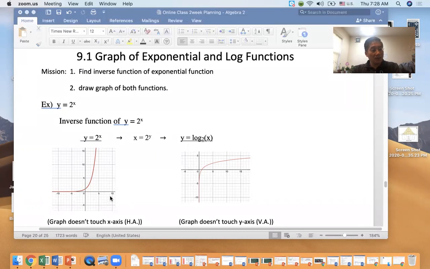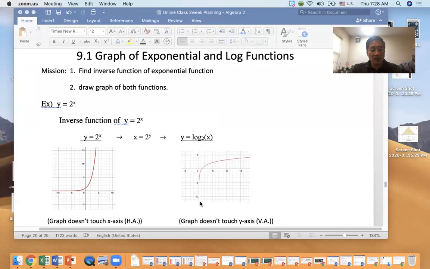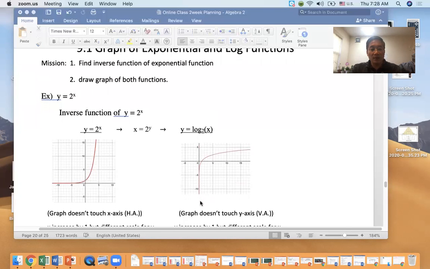But in the log function, because it's the inverse function, x becomes y, y becomes x. So the horizontal asymptote, which is the y equals 0 line, now becomes the vertical asymptote in the log function, which is x equals 0.